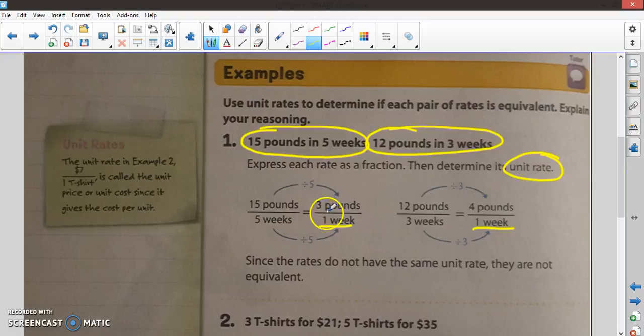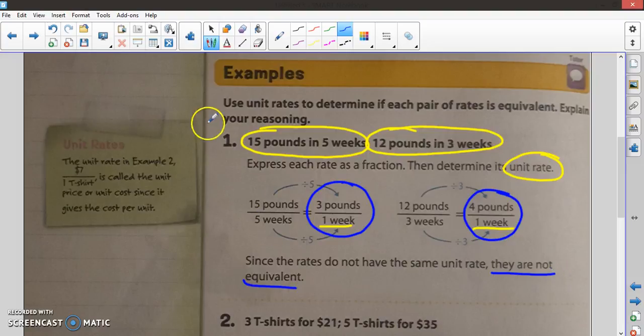So we get 3 pounds for 1 week. For this one over here, we divide by 3. So we get 4 pounds for 1 week. So the unit rates are not equal. So that tells me that they are not equivalent. 15 pounds in 5 weeks is not equal to 12 pounds in 3 weeks.